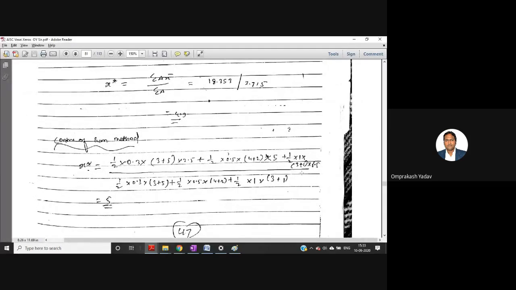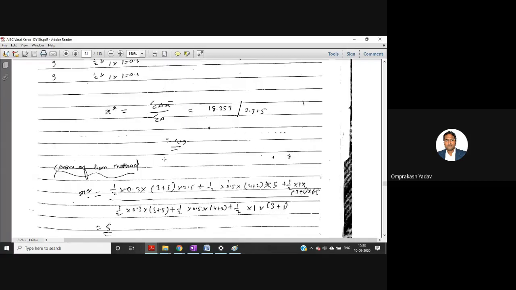Similarly, determine for the third shape. So the third shape is this one. The parallel lines: this one is 1 unit, and this line is 1, 2, 3. So 1 plus 3, that is 4, multiplied by 1 by 2, multiplied by the height, which is also 1. So 1 by 2 multiplied by 3 plus 1, that is 4, multiplied by the height, 1.0, into x bar.